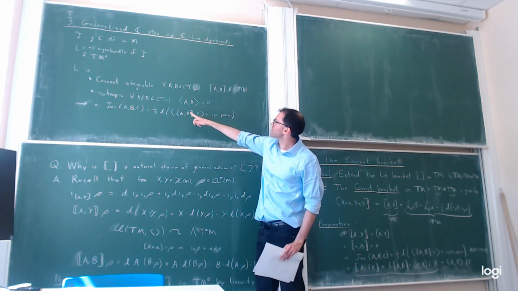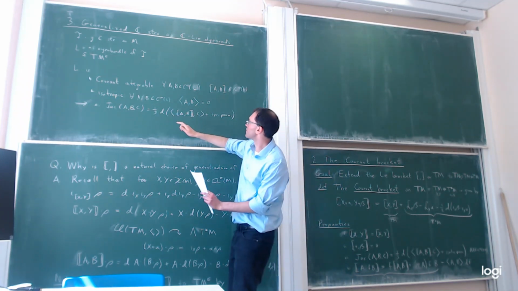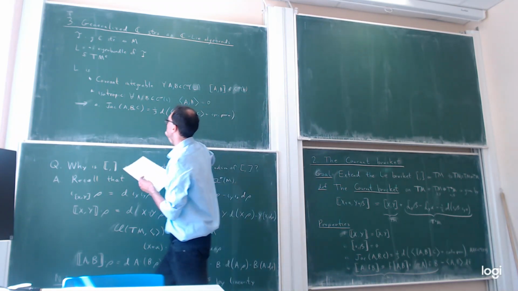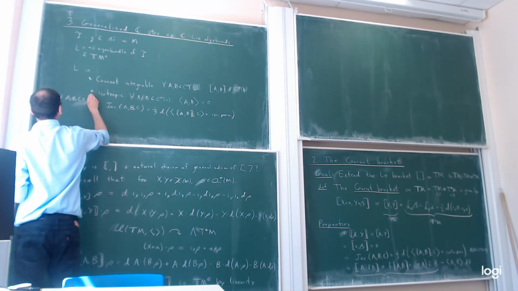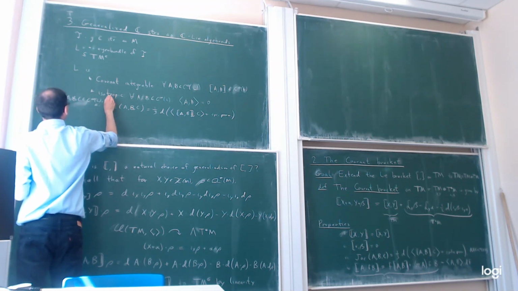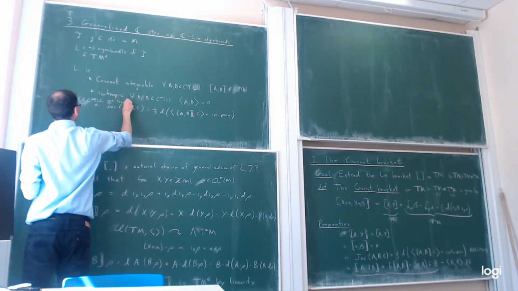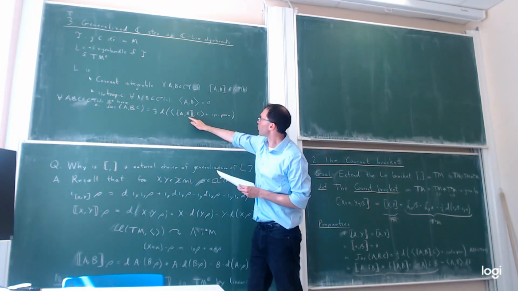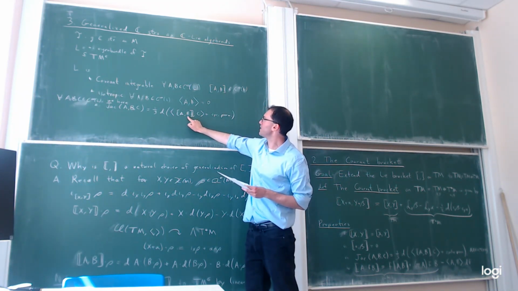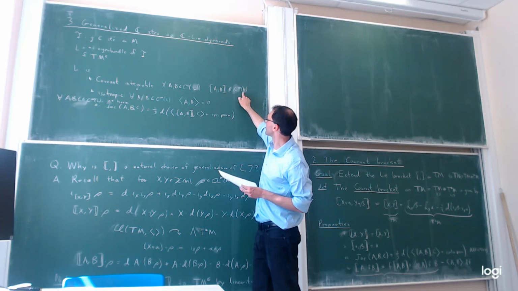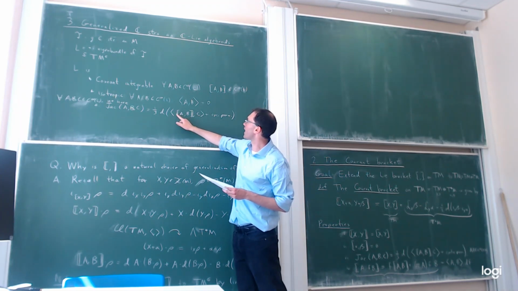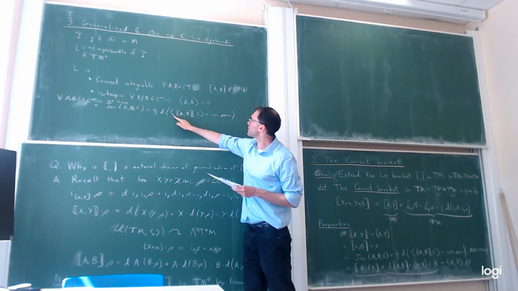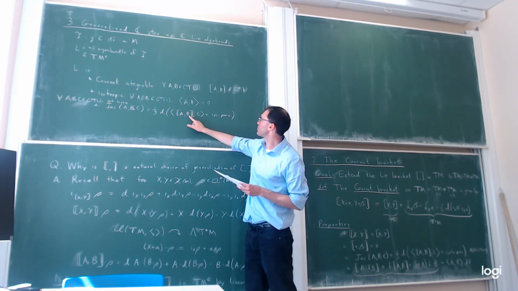And because L is Courant integrable, for all sections A, B, and C of L, the bracket of A and B is again a section of L, which means that since L is isotropic, the pairing between the bracket of A and B and C vanishes.